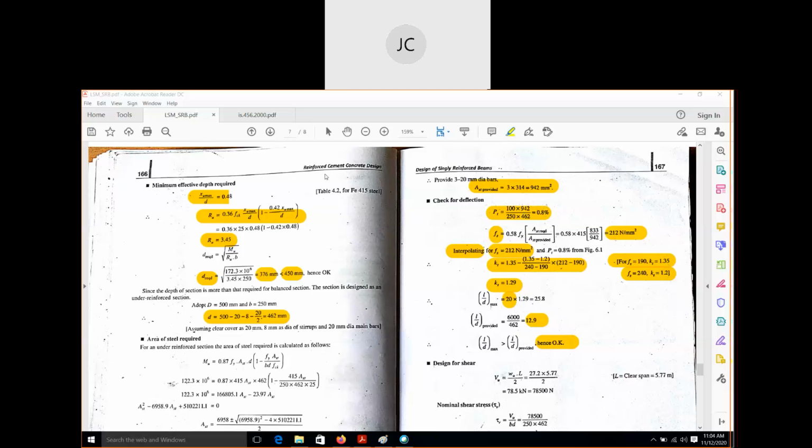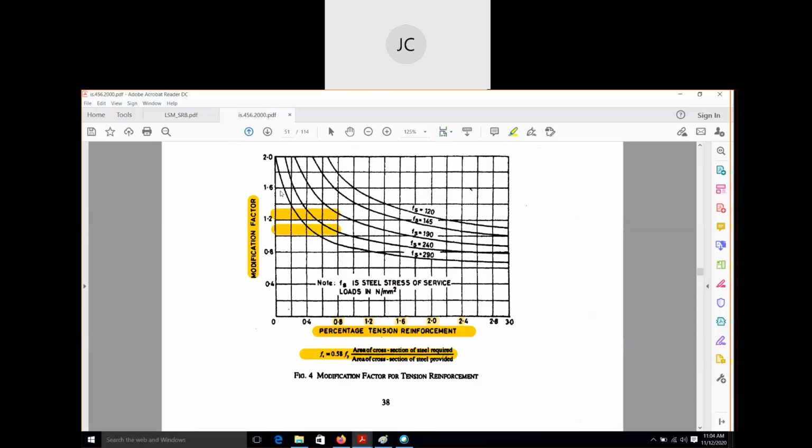Okay, but now if you see the graph, there is no curve for fs equal to 212. So what we have to do is interpolate. We have a graph for fs equal to 190 and a graph for fs equal to 240.